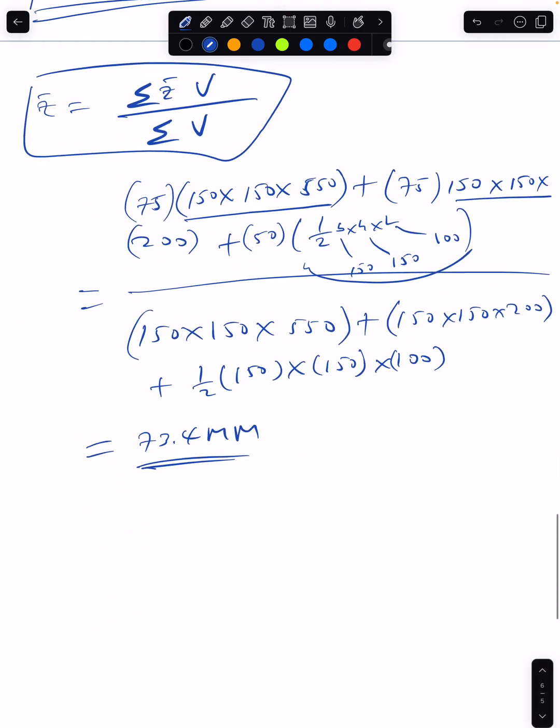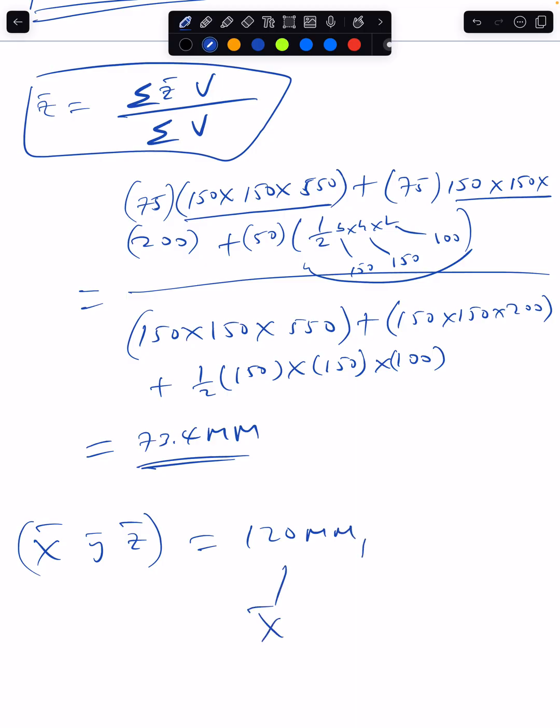So technically I have X bar, Y bar and Z bar for the different locations: 120 millimeters for X bar, 305 for Y bar, and 73.4 for Z bar.